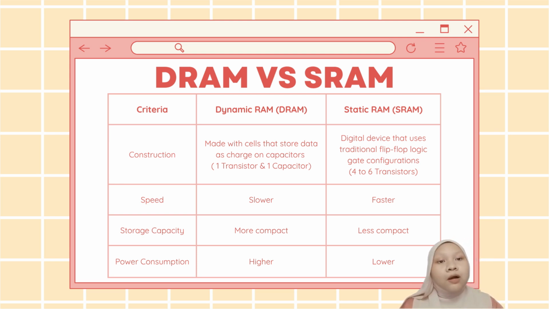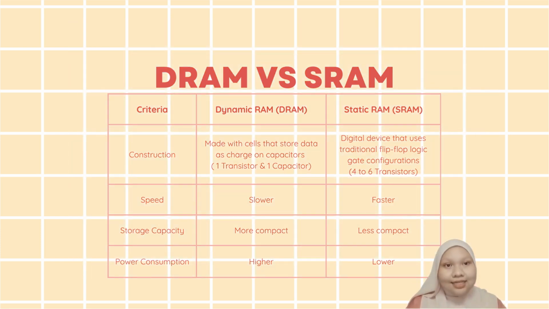Finally, for power consumption, DRAM consumes more power because of the active supporting refresh circuitry. SRAM consumes less power when stable because no refresh is needed.